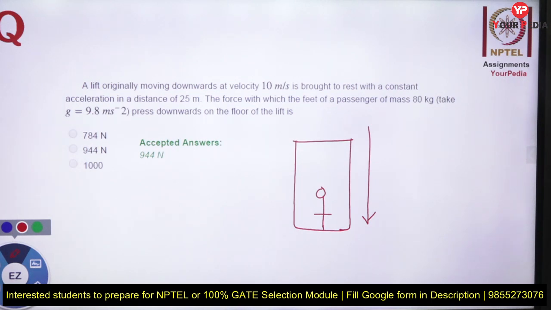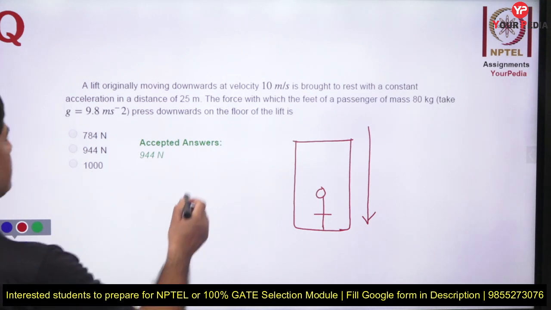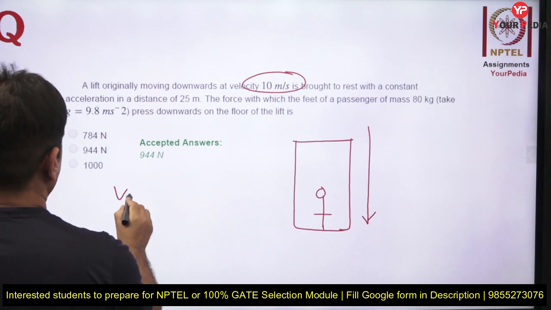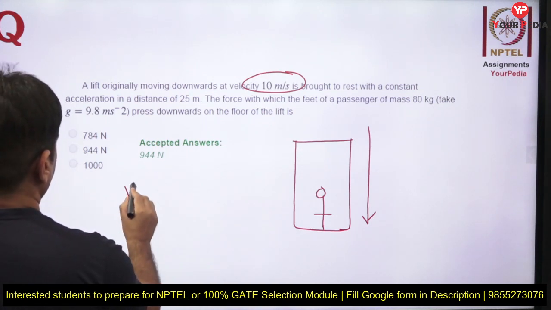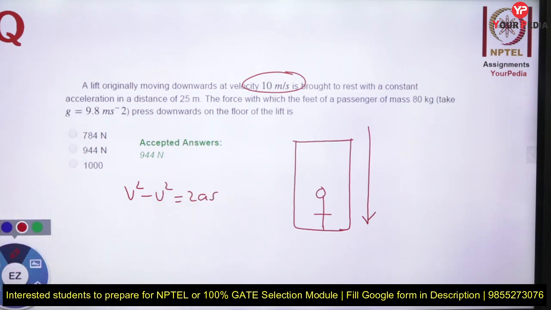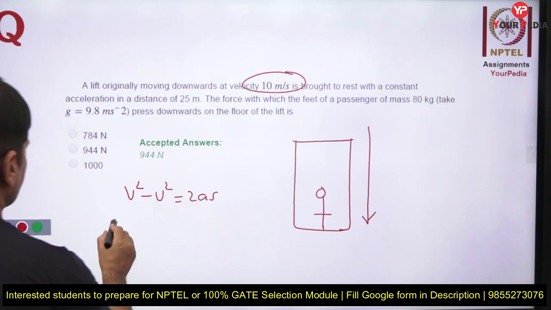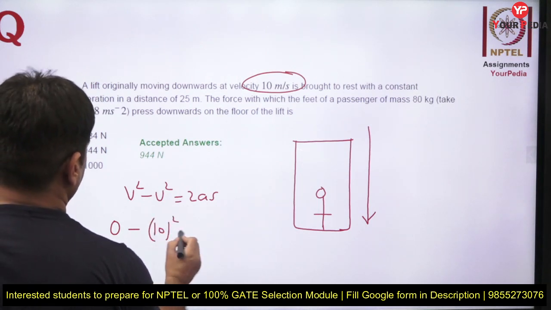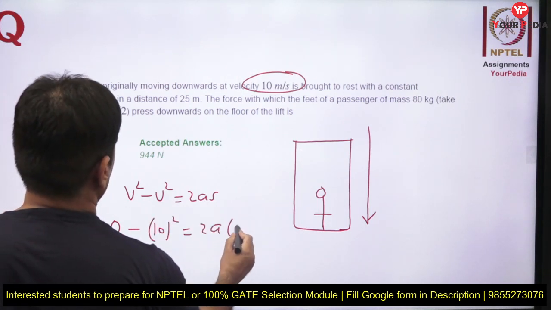With a constant acceleration. So lift originally moving downward with velocity this, v square minus u square is equal to 2as. That equation you can use. It is brought to rest, minus u square is 10 square is equal to 2a into 25.